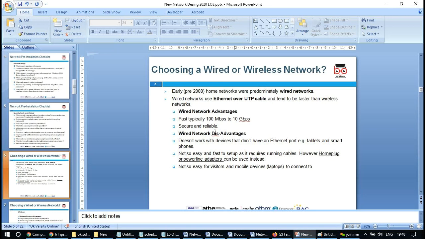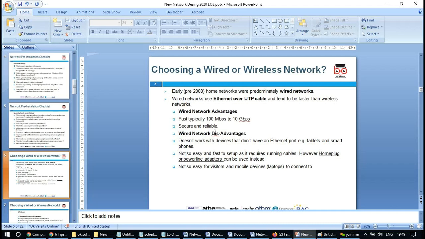The disadvantages of the wired network are that they don't work with devices that don't have an Ethernet port, like tablets and smartphones. Setup is not so easy and requires running cables. So wired has a difficult setup.